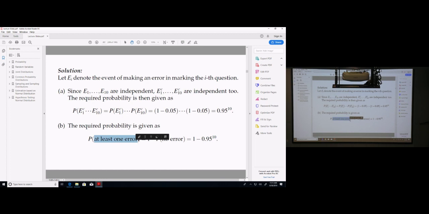But the opposite of this is only one scenario, with no error, which is easier to calculate. You don't need to consider many cases. So it would be 1 minus 0.95 to the power 10. So this is it.